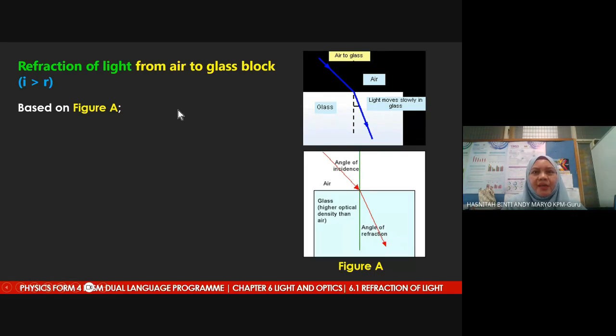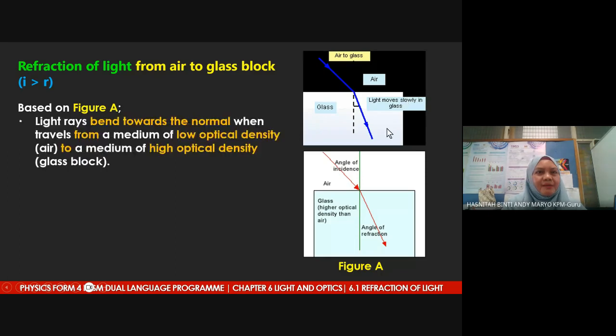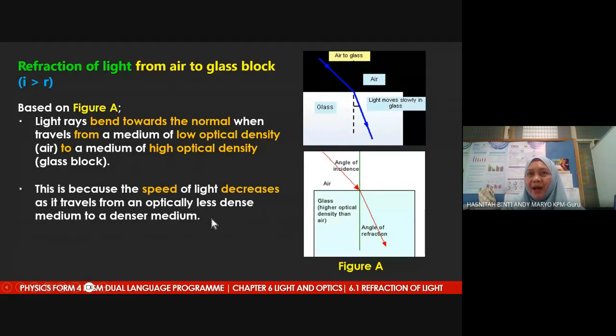So based on figure A, what can we say about the phenomenon that occurs here? Number one, the light ray bends towards the normal, or refracts towards the normal, when traveling from a medium of low optical density, which is air, to a medium of high optical density, which is the glass block. Second, why?